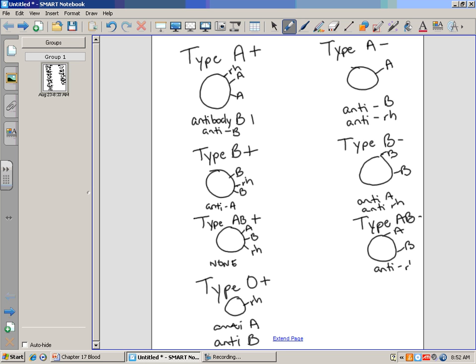Anti-Rh. And finally, type O negative has what? He ain't got nothing. So what antibodies does he have? A, B, and Rh. He's got all three antibodies.